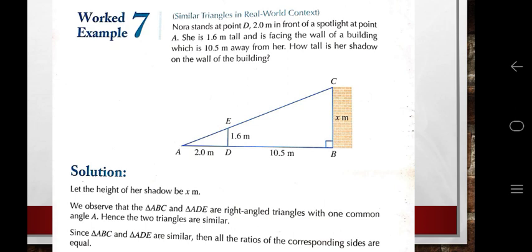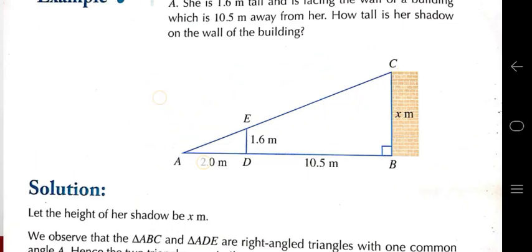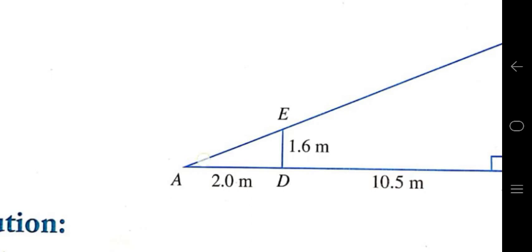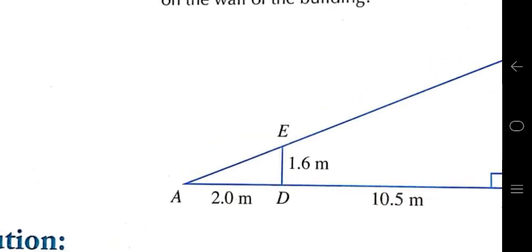So how do we count this height? Again, using the similarity. You can say that this small triangle here is similar to this big triangle. Can you see that? Because they both have the same angle, this angle, they both have it.